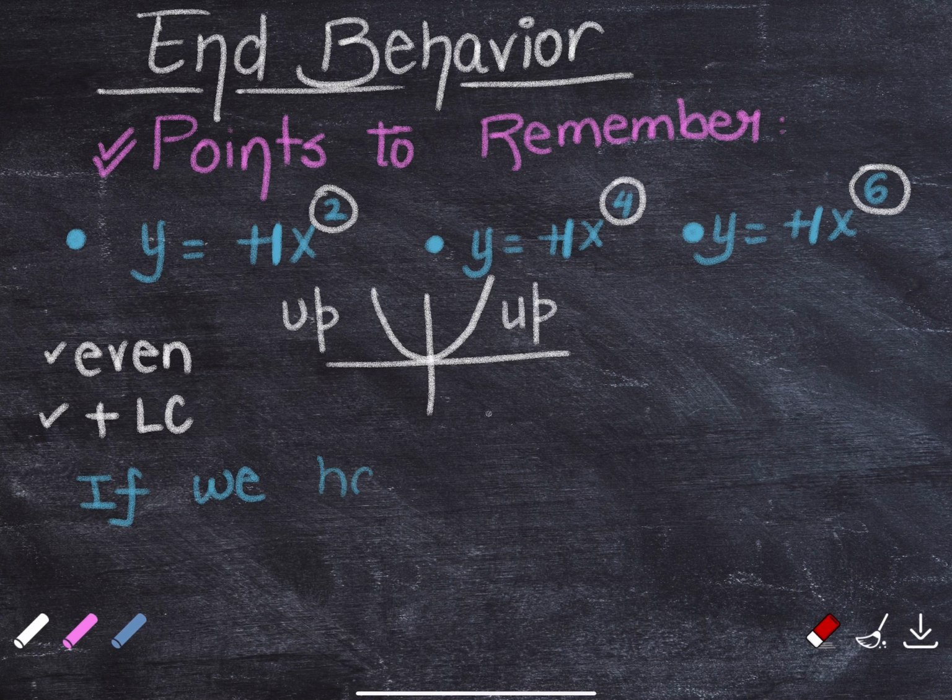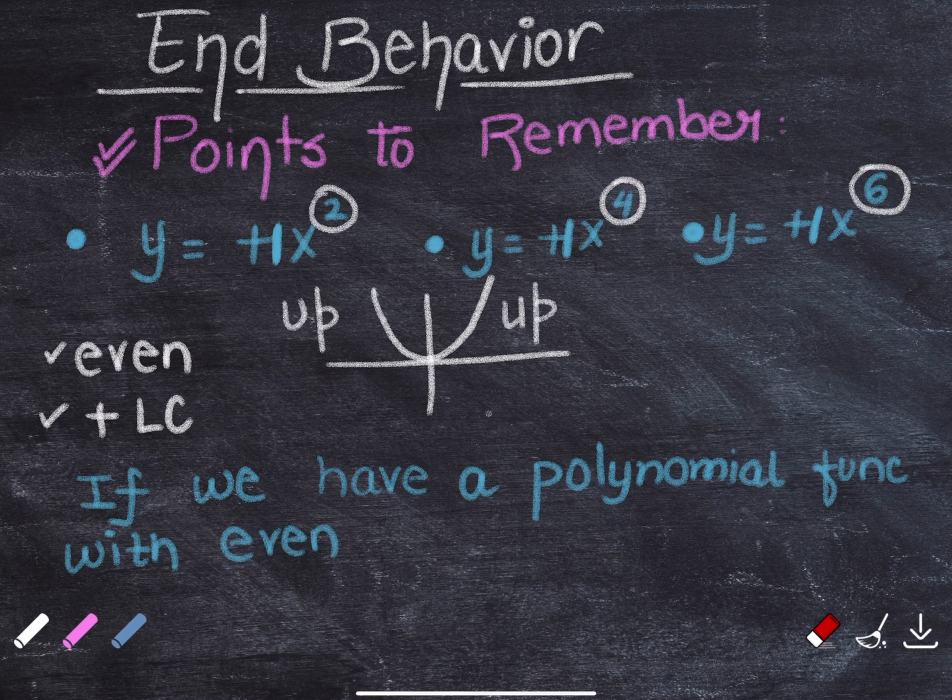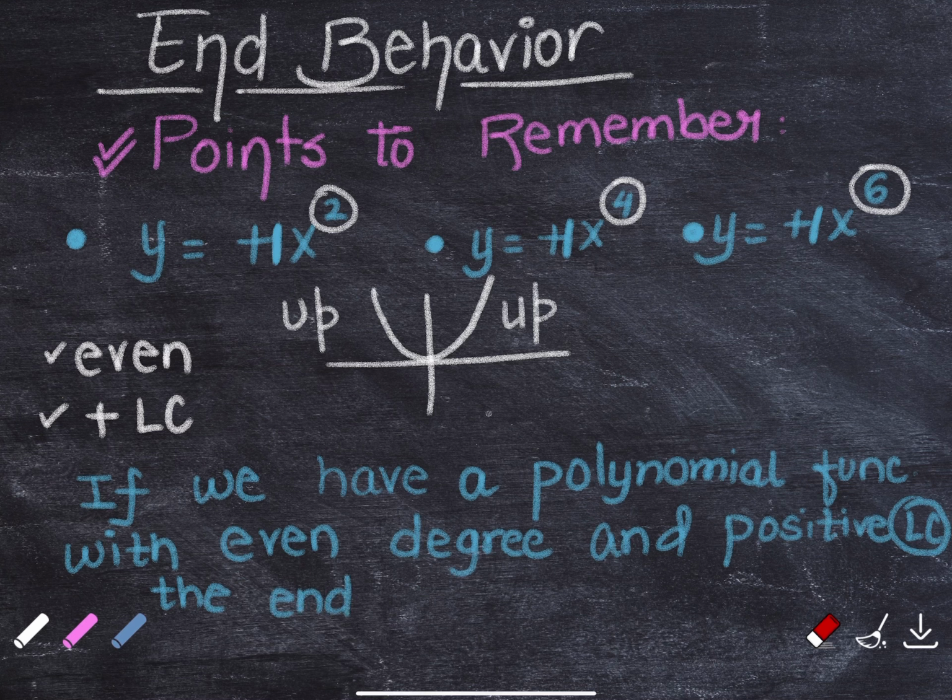If we have a polynomial function with even degree and positive leading coefficient, the end behavior will always be up and up. So that is something to remember.